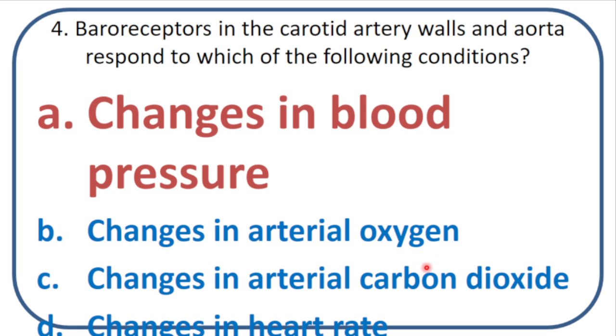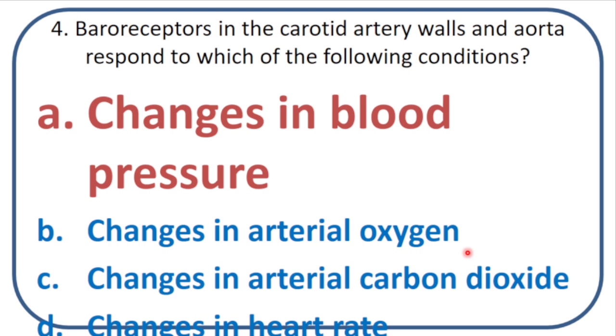Chemoreceptors in the medulla oblongata are primarily stimulated by changes in arterial carbon dioxide, but chemoreceptors in the peripheral region, that is aorta and carotid arteries, are stimulated by changes in arterial oxygen.